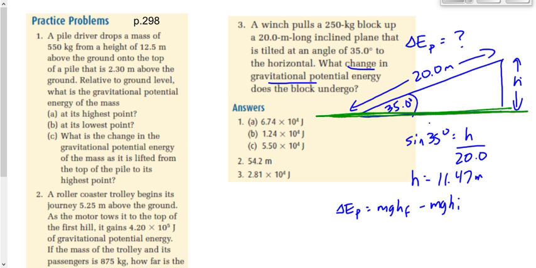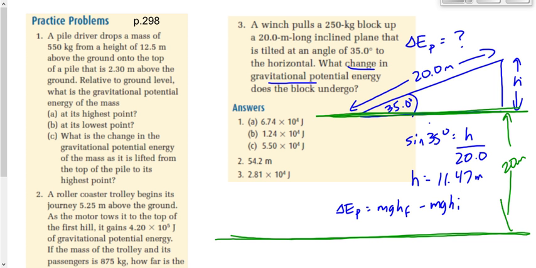If that's the case, then the initial height is 0. We could define this as our bottom point if we wanted. If that was the case, then maybe our initial height would be 20 meters, right? But if our initial height is 20 meters, then what's our final height? Our final height would be 31.47 meters, right? It's relative to whatever we want.